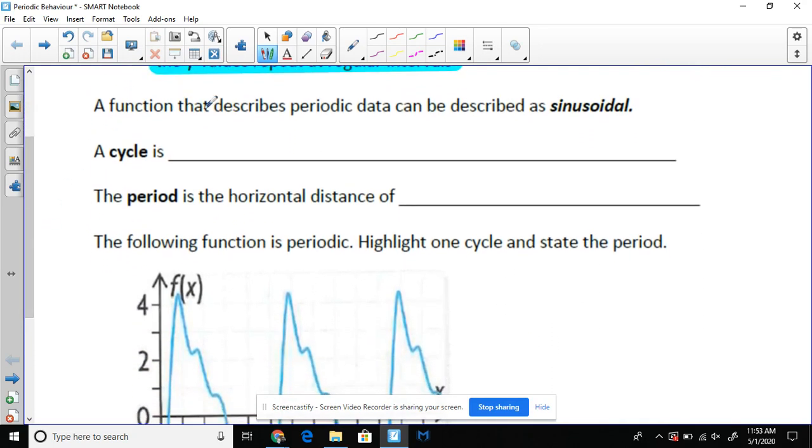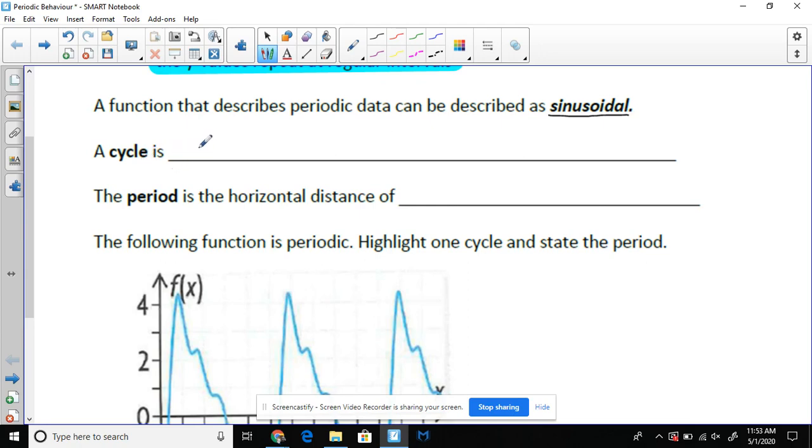So a function that describes periodic data can be described as, try to say this word before I say it, it looks weird, sinusoidal. In the textbook, or if we were in a regular class discussing this kind of stuff, I may refer to trig functions like sine and cosine as sinusoidal, okay?